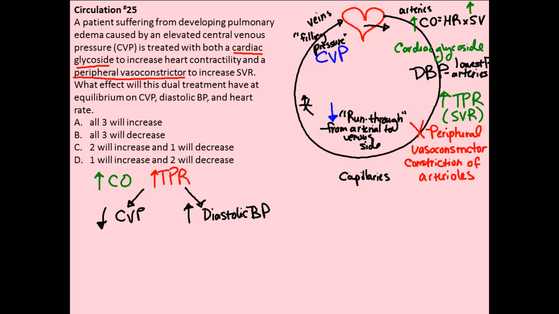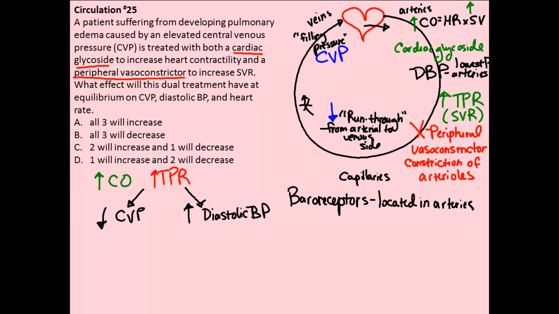And for the heart rate, we have to reason through this one a little bit more. We have to think about what would be one of the main receptors that influences our heart rate. And we learned in class that one of the main receptor types that would be doing this are the baroreceptors. You also have to think about where these receptors are. They're located in arteries.